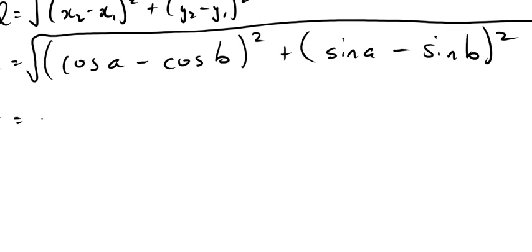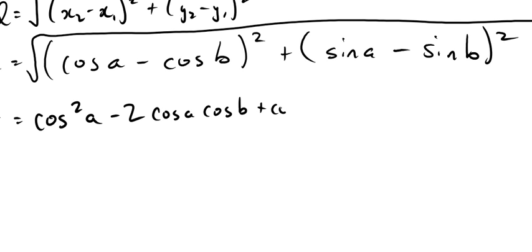So this is going to be cos of A all squared, which is cos squared A. Right? This means cos A all squared. That's the notation that means. Minus 2 cos A cos B plus cos squared B, cos B all squared.